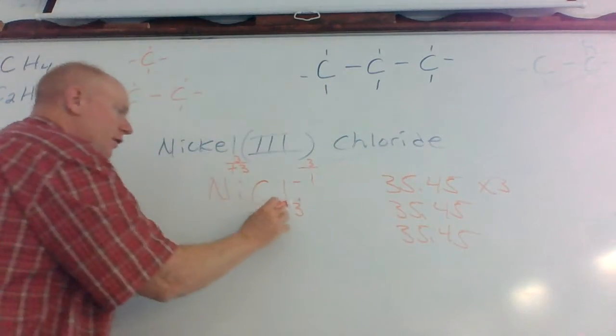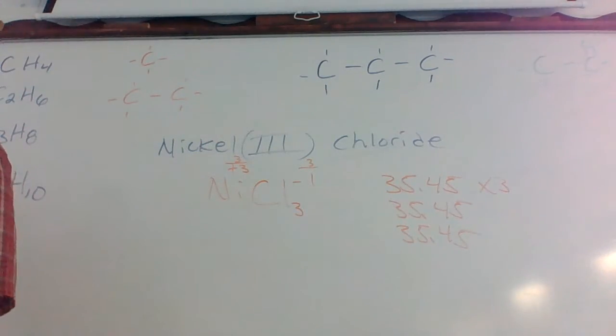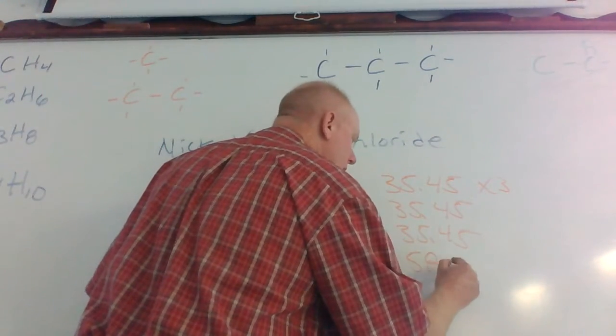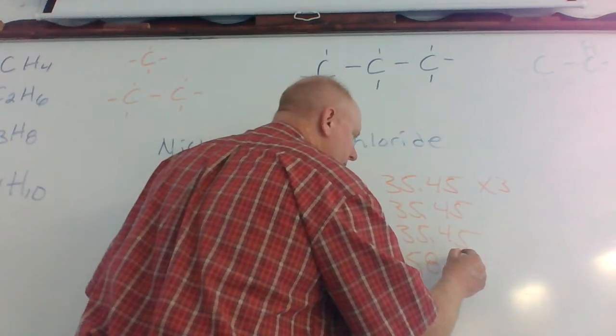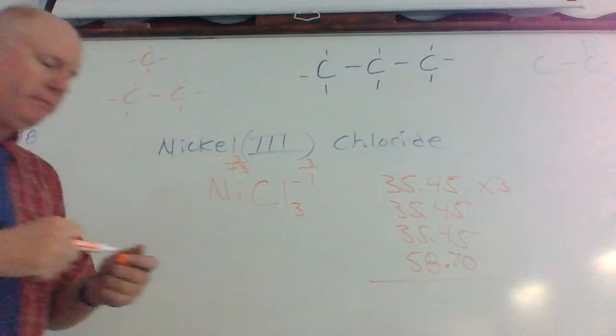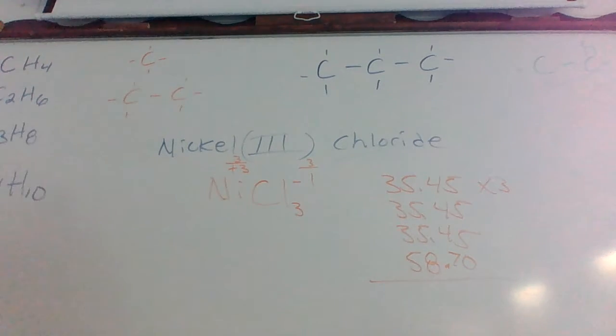So we've accounted for those 3. Now you just have the nickel that's left over, and that's 56, 58, or something like that. Okay, so 58 point, okay, then you just add all them together, because sometimes you're given a compound rather than an element. It's the same concept, but it's a compound instead of an element. Okay.